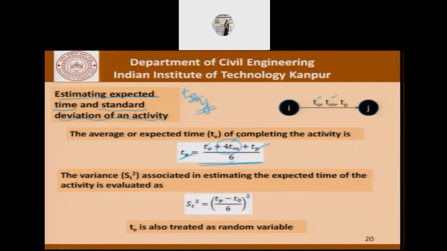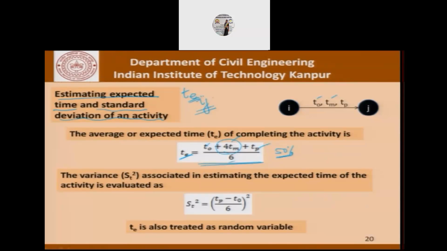Please remember that this expected time does not give you an idea of the 50% time of completion. This time does not mean that the activity will be completed 50% of the time. That would happen if the time of completion of that activity was normally distributed.